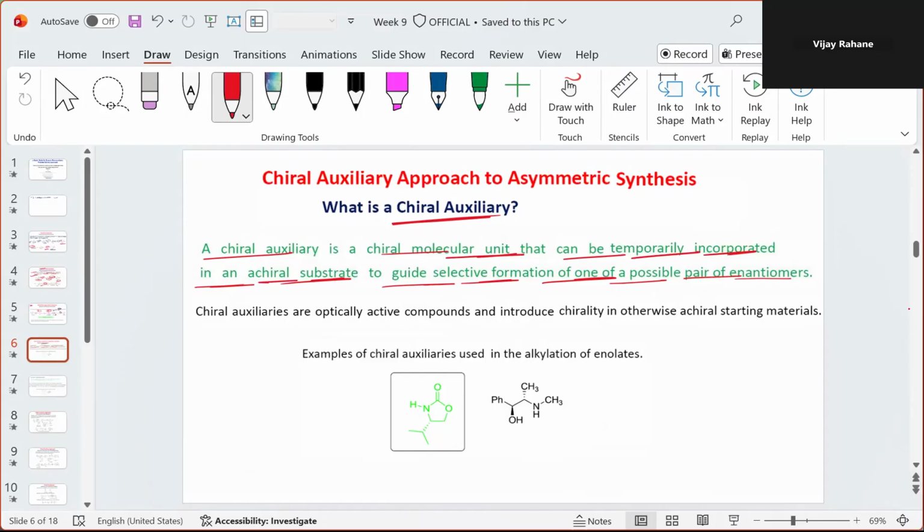When you see an actual example, then you will get to know in more detail. But here you can see an example of a chiral auxiliary used in the alkylation of an enolate.